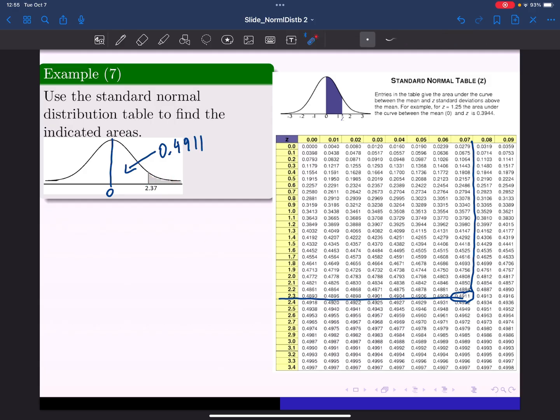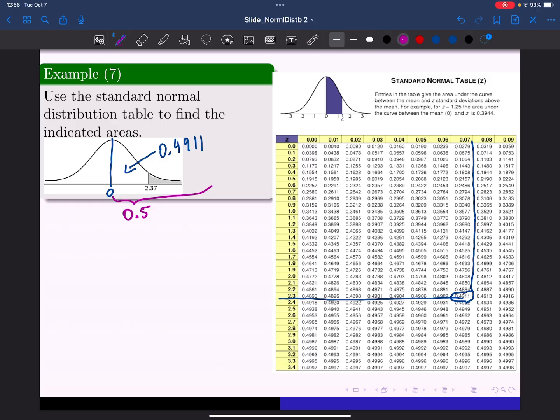So now how do we find this area? We can subtract from half. If we take the half, subtract this area, then we're going to get this piece, right? Because we know that the whole half is 0.5 or 50%, because they are equally distributed.